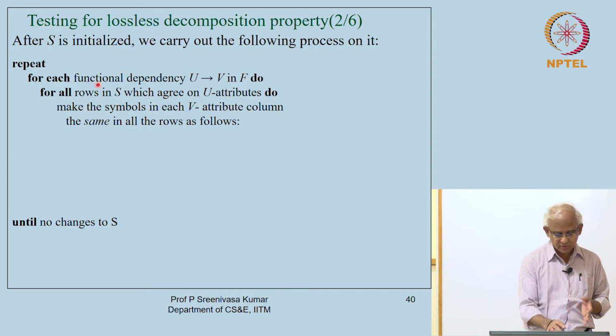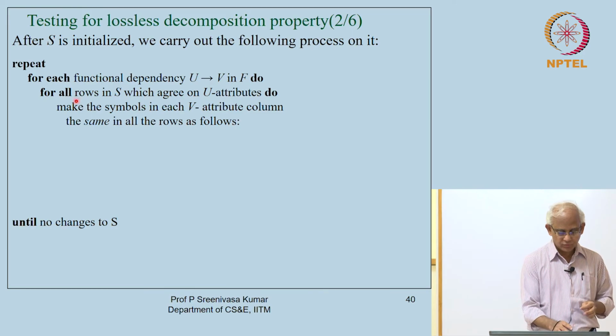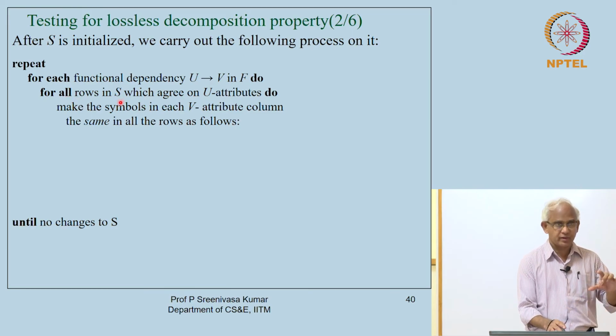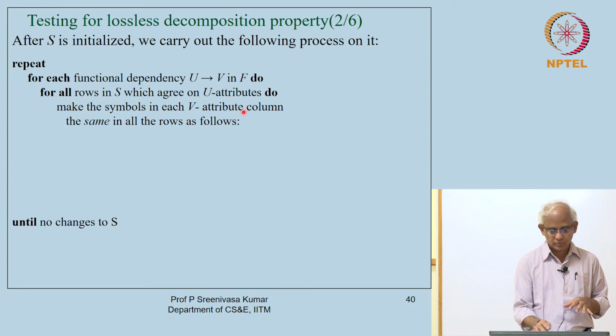For each of these functional dependencies, U determines V in F, what we will do is, for all rows in this matrix that agree on the left hand side attributes, the U attributes, make the values the same in the right hand side V attribute columns.